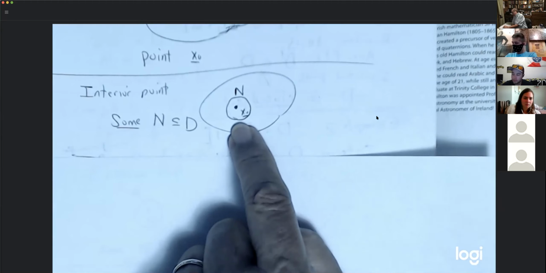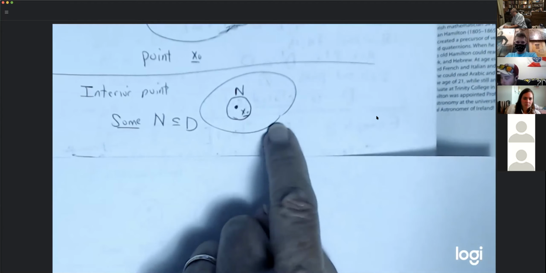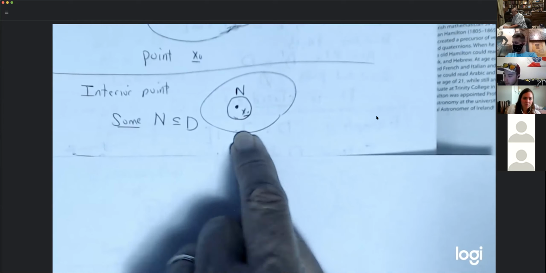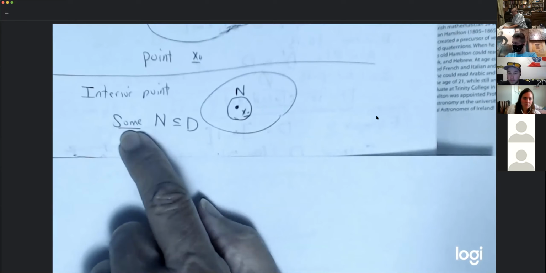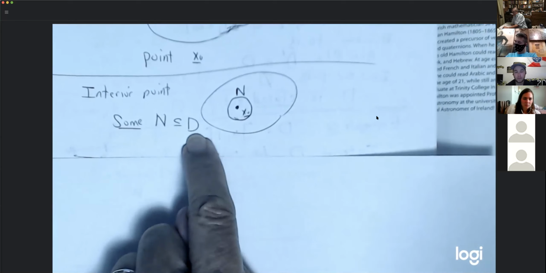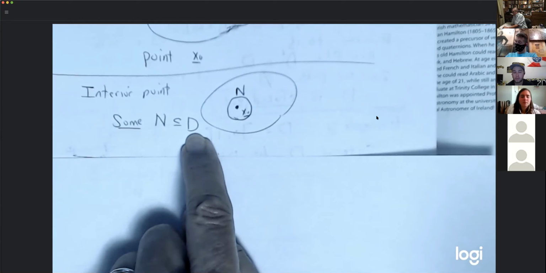And so the picture would be that there's a circle you put around the point X naught, and that particular circle lies inside the other blob or circle or whatever you want to call the way I described D. So what it says is some neighborhood is a subset of D.